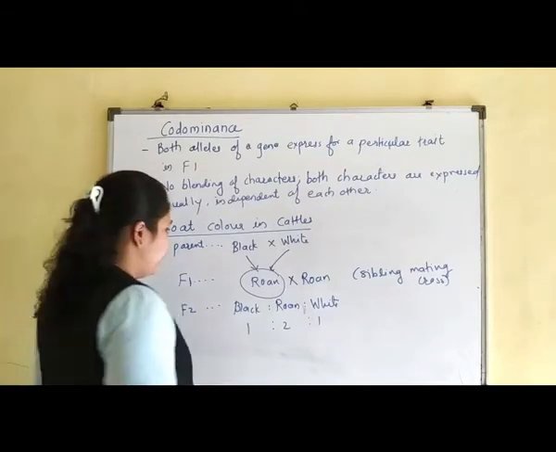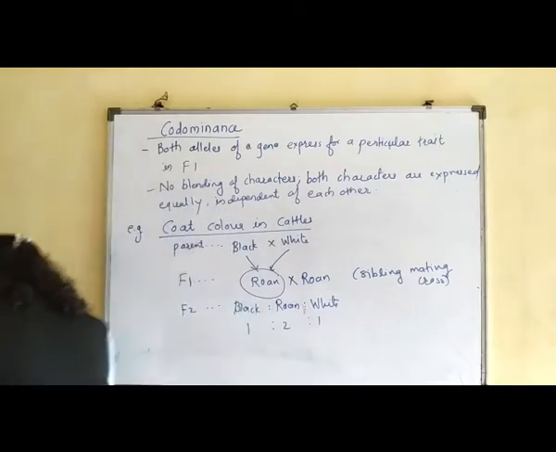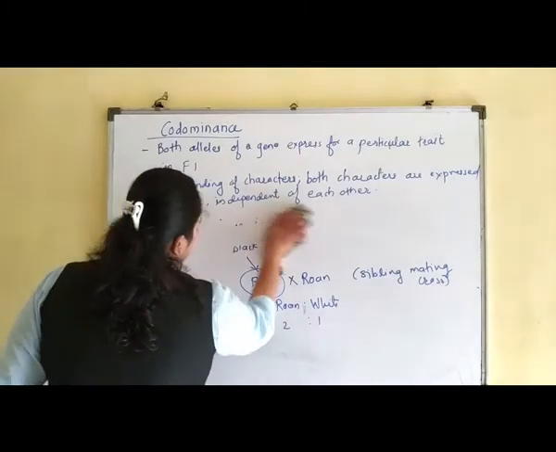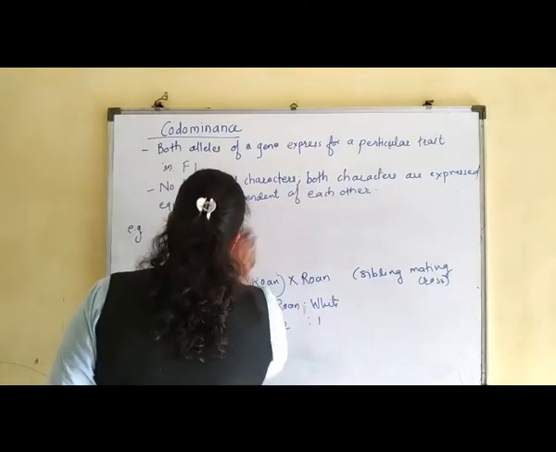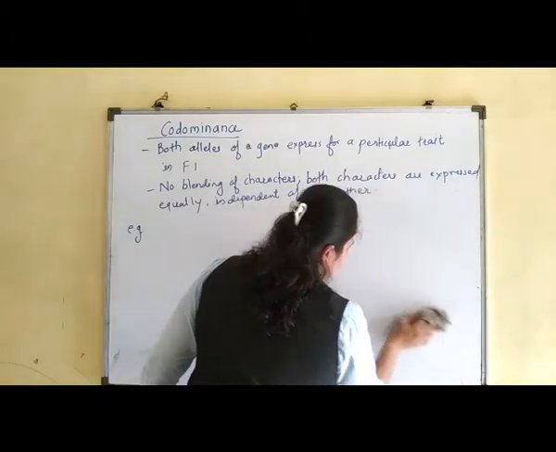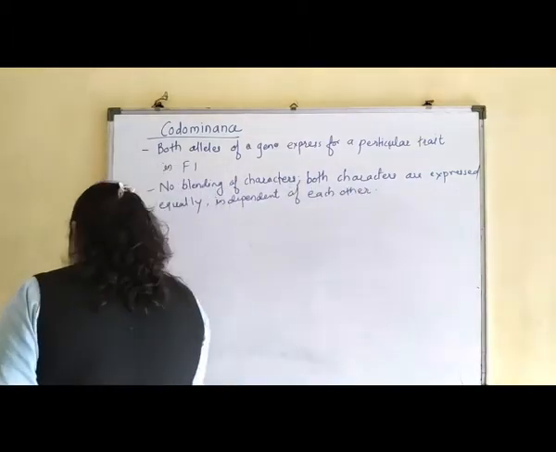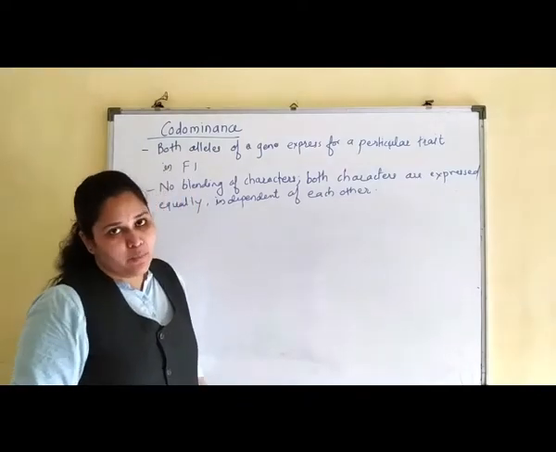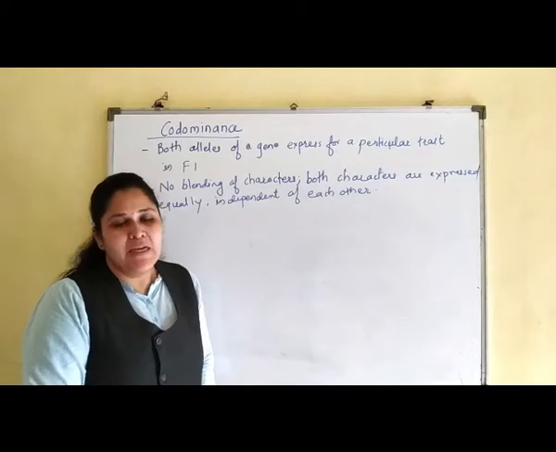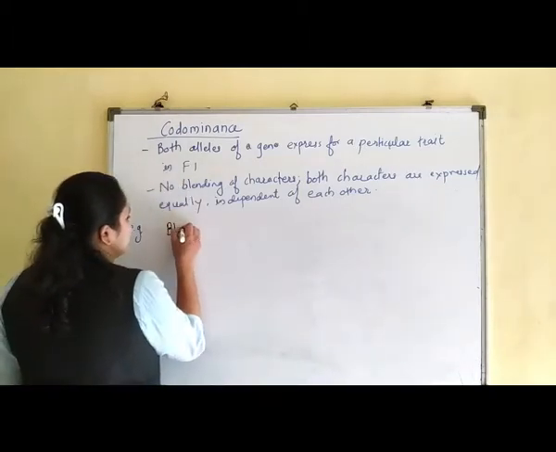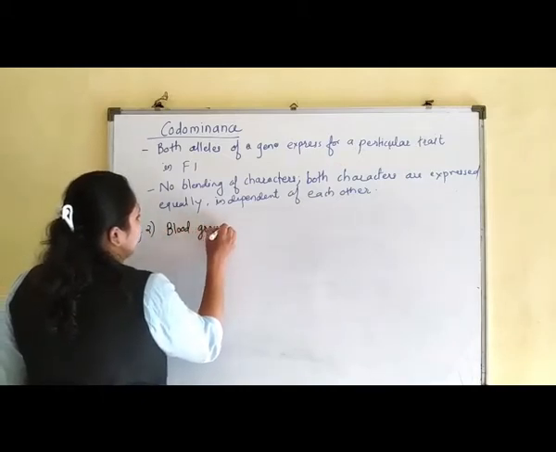One more example which is more familiar to you, that is the AB blood group. Yes, last year we studied how our blood groups are determined. That time I gave you an idea of this type of inheritance, that is in human blood grouping, blood group AB is an example of codominance. So another example, blood group AB.